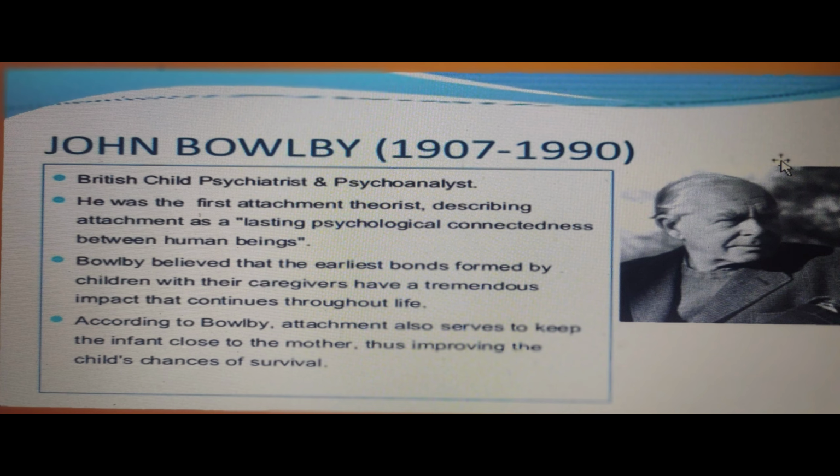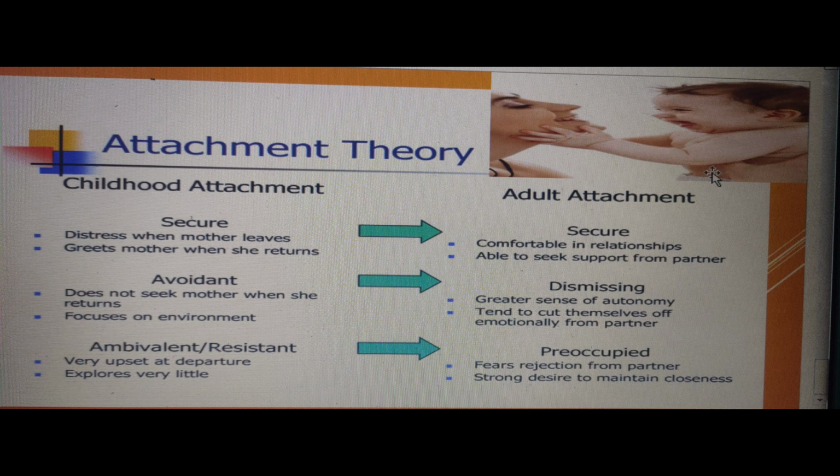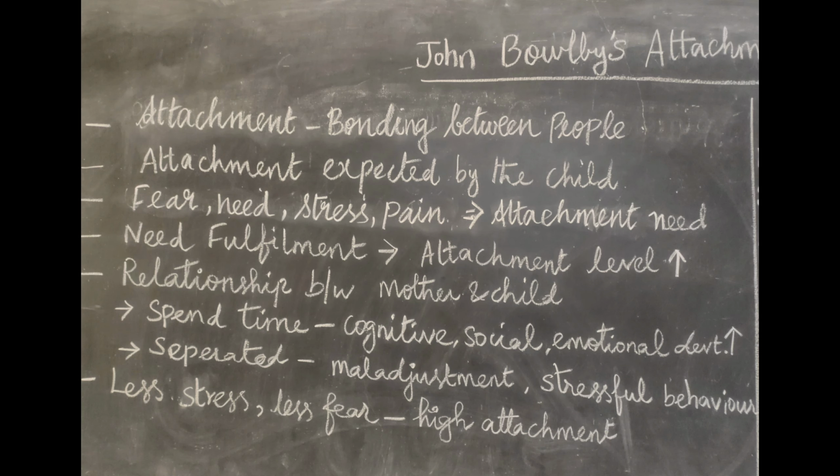You can see in this picture the attachment between the mother and the child. Normally, the child is in need of food and other needs. When it is satisfied by the mother, it gets a secure feeling and gets attached with the mother. But sometimes when the mother is not giving proper care and attachment and fulfilling the needs of the child, the child feels insecure and the attachment is reduced.